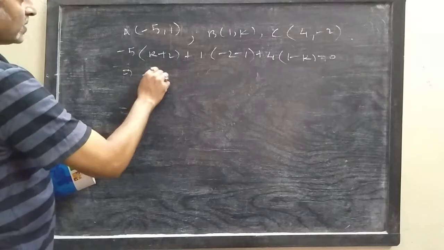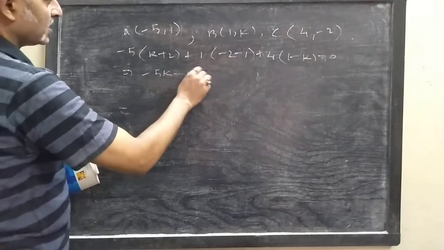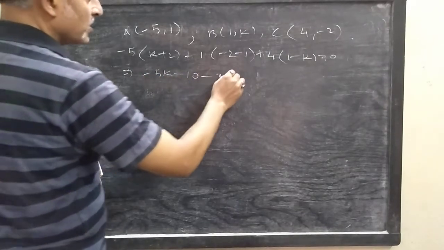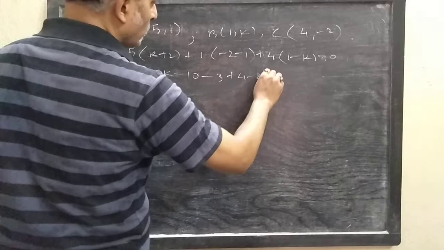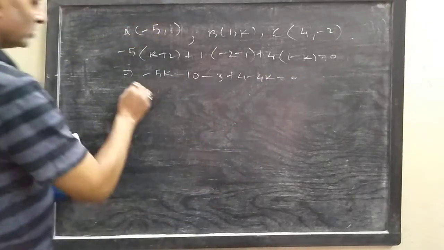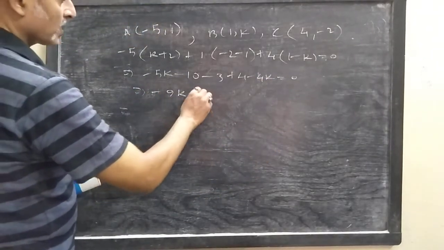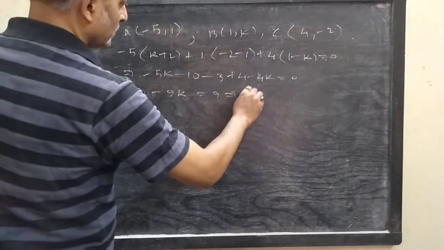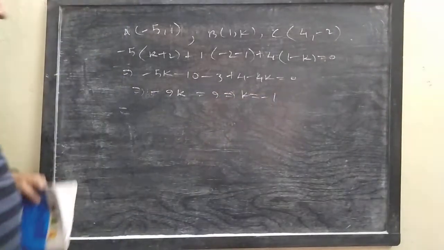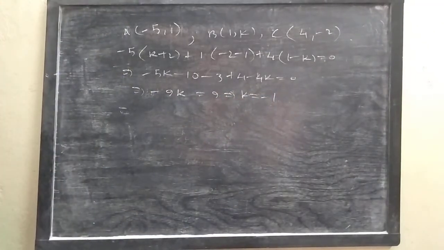That implies -5k minus 10 minus 3 plus 4 minus 4k equals 0. That ultimately gives -9k equals 9, so k equals -1. For k equals -1 they are collinear.